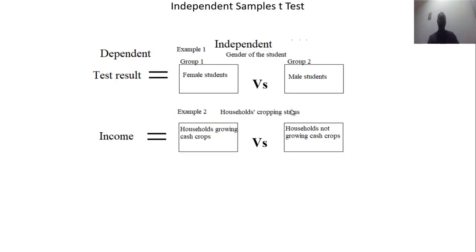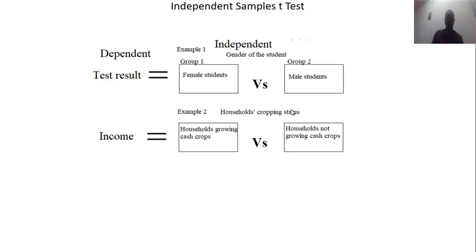Look here in the diagram. There are two groups: the female students group and the male students group. The grouping variable is independent, and the test variable is the dependent variable.